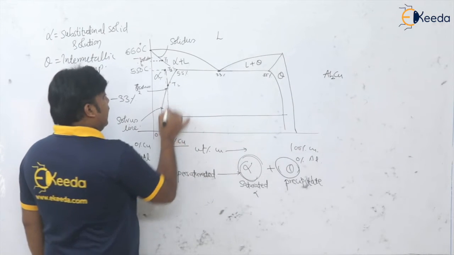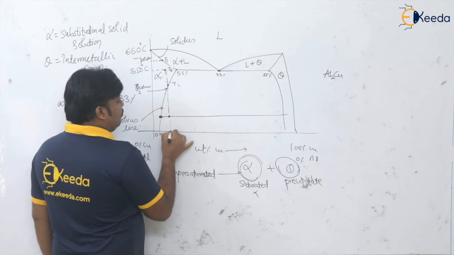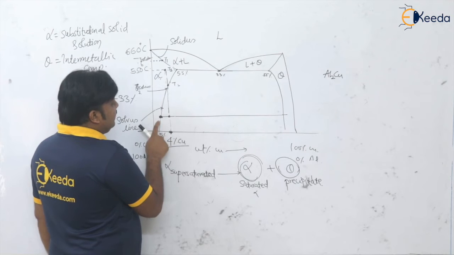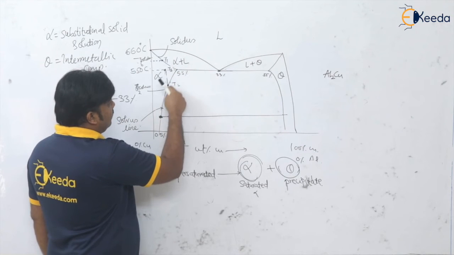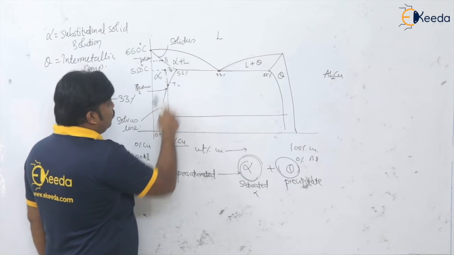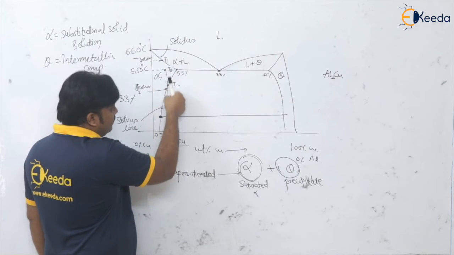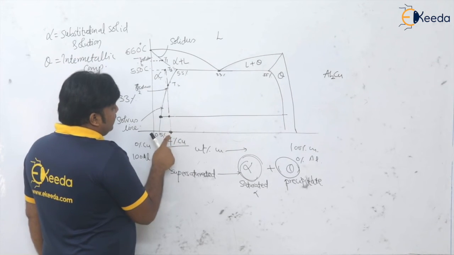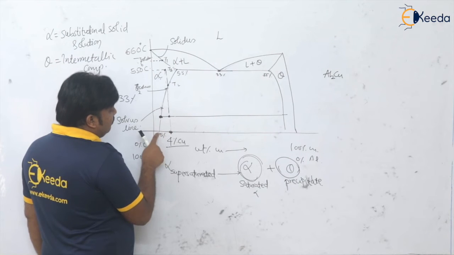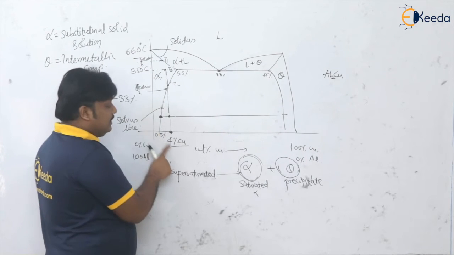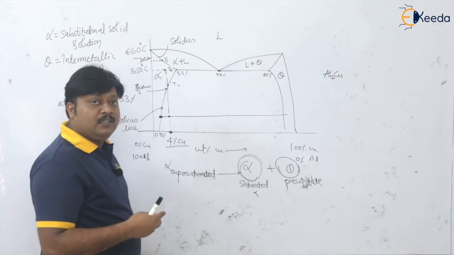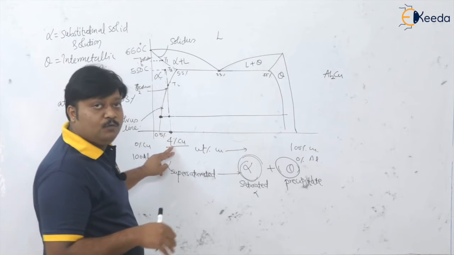That is, at this particular composition of alloy, 4% of copper, we are cooling it below this solvus line, and the equilibrium composition of copper is very much less than 4%. So where will this extra copper in that alpha go?